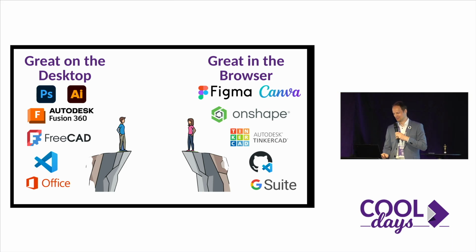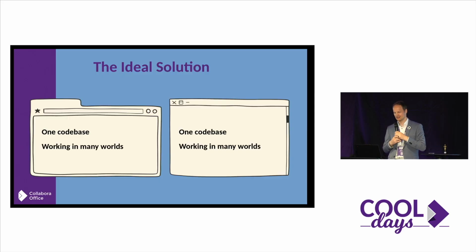So the ideal solution, of course, is one code base that works everywhere, the same. With the same features, the same rendering. You don't have this, you can't do this here, but you need to do it there. It looks the same, it feels the same, and it's even the same code base, so you don't need to do things in triplicate. Can we do this?